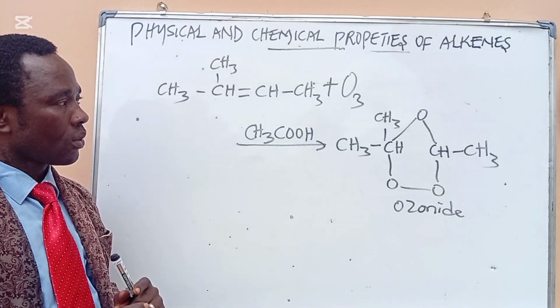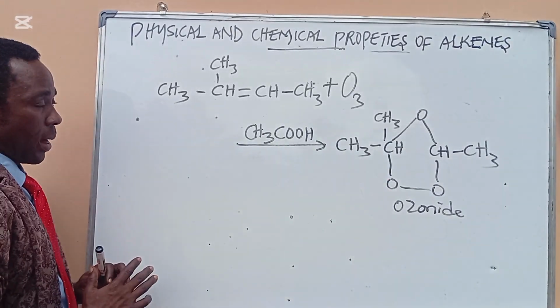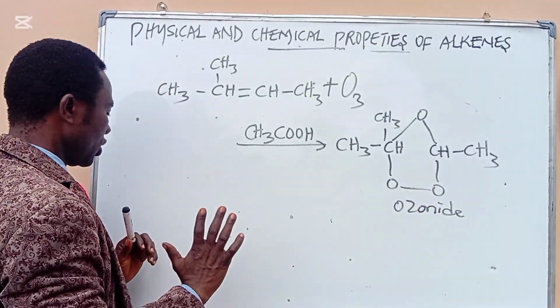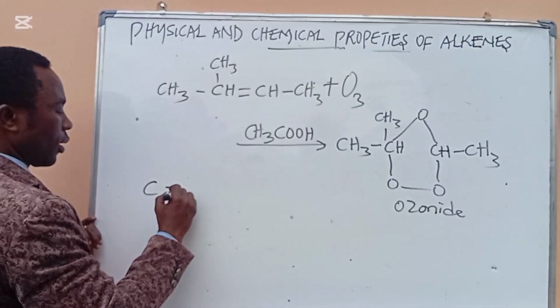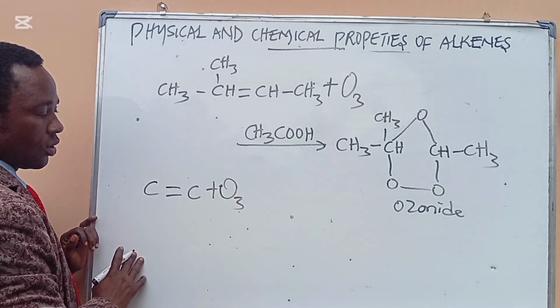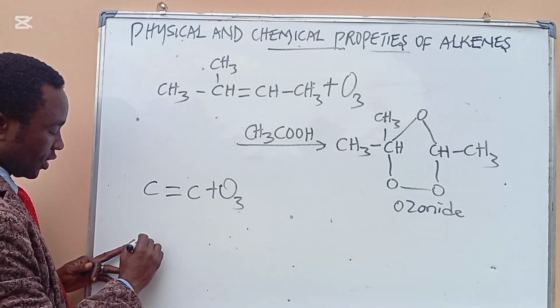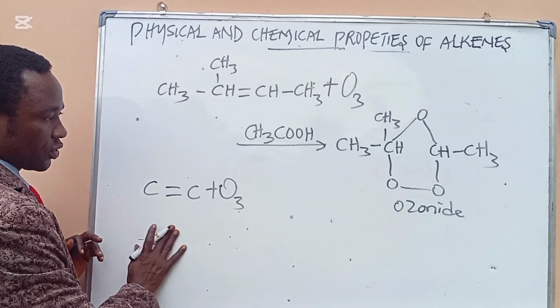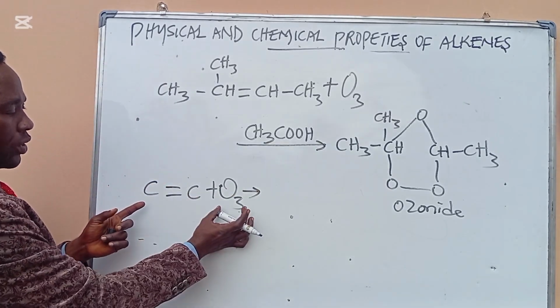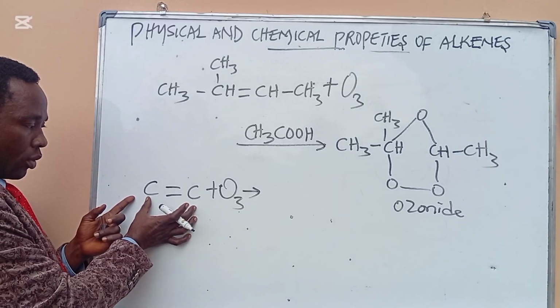Now remember, how do you write an ozonide? Let me show you. If you have C double bond C, and you are reacting it with O3, which is ozone, how will this ozone add to this double bond?